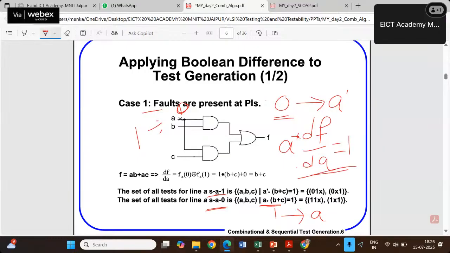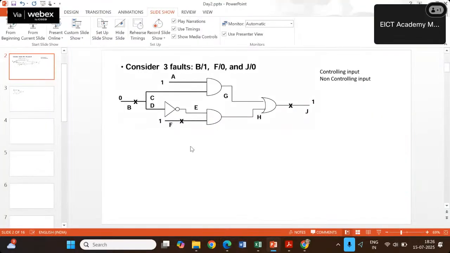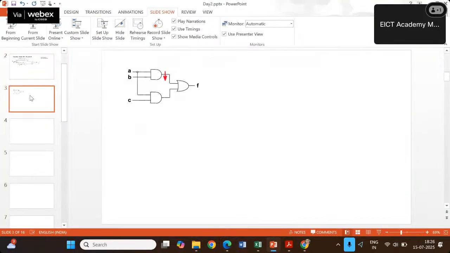That is going to give me the set of these test vectors. Okay, I hope you got it. In this fashion, you can find your set of input test vectors. So in order to make it a little bit more clear, let me elaborate on how you can find these test vectors.